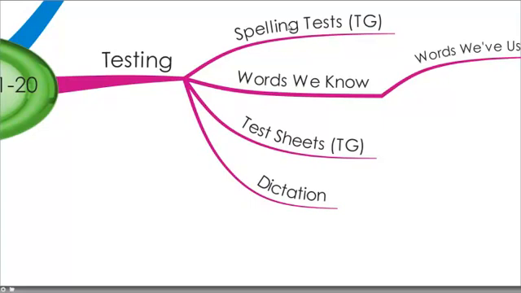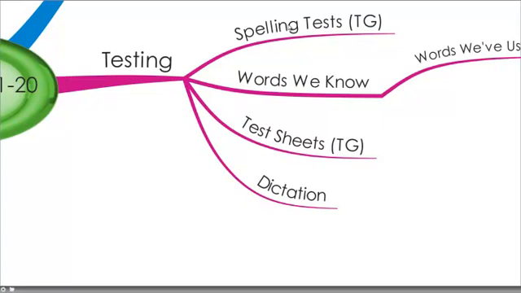Often students will make really logical phonics mistakes. For instance, an example we saw in the video was million or millions, which has two L's, but there's no real reason why it should have two L's. So it's very easy for students following phonics principles to spell millions with one L, but of course that's incorrect. What dictation teaches students to do is iron out those kinds of logical phonic errors.